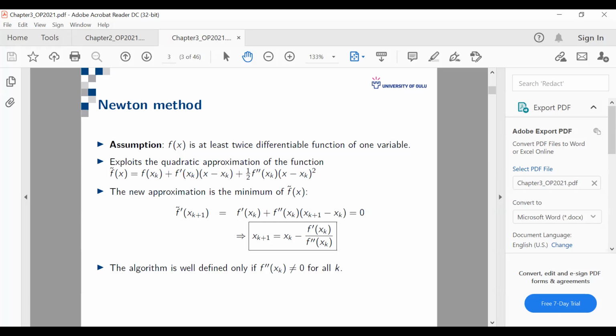Excuse me, did you change the slides? Yes. We cannot see anything. The new slides, we cannot see. The old ones, we can. Okay.